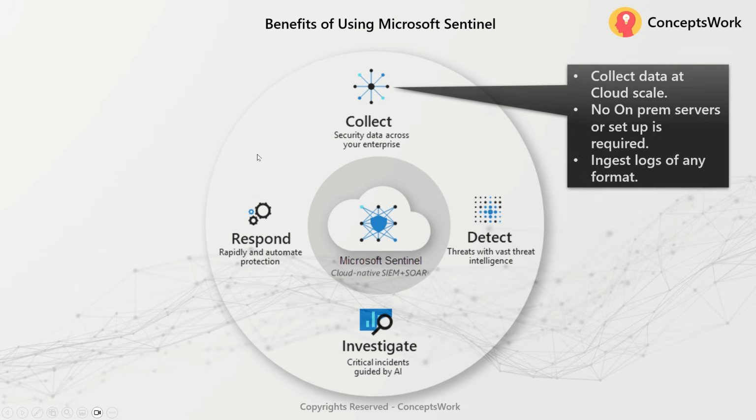This fundamentally means that you can collect data at cloud scale. Since it's a cloud native solution, there is no configuration or profiling required from a hardware level perspective. It can accept data at a scale which is unimaginable for a dedicated on-prem environment. Moreover, no on-prem setup is required.